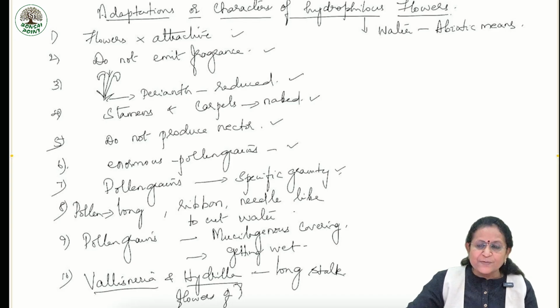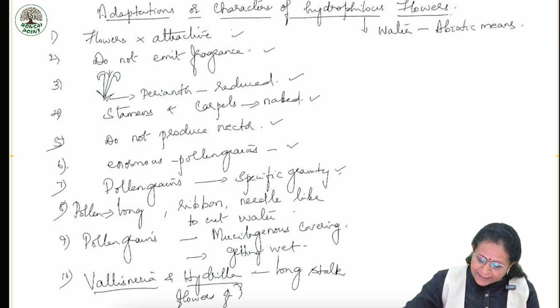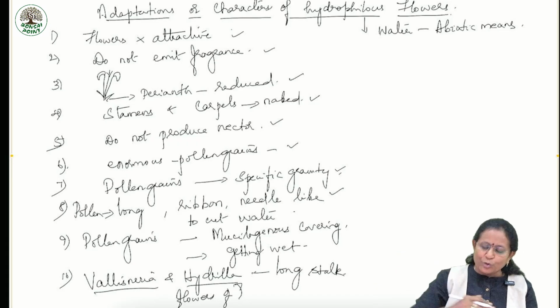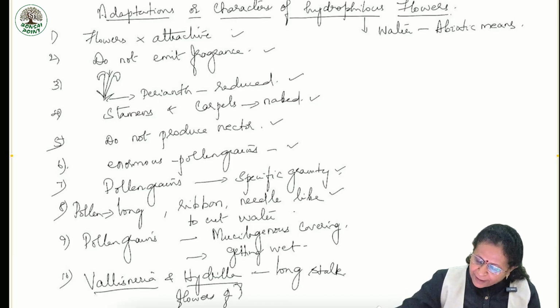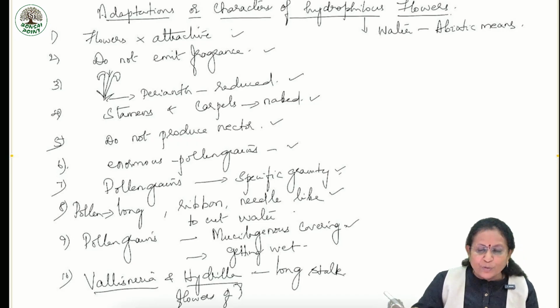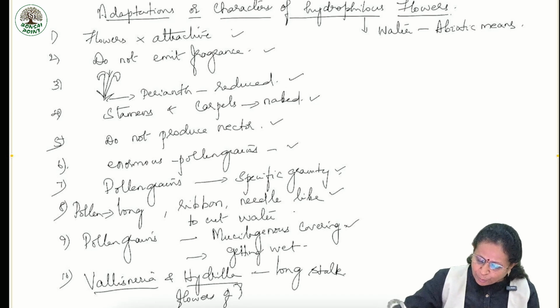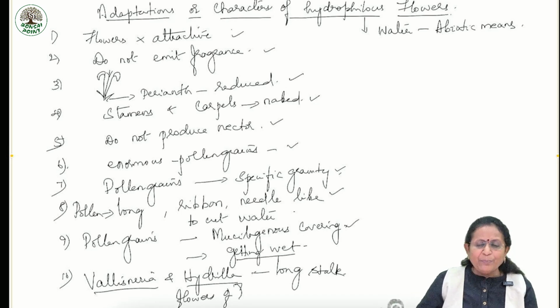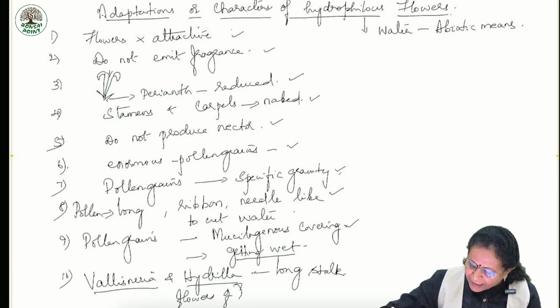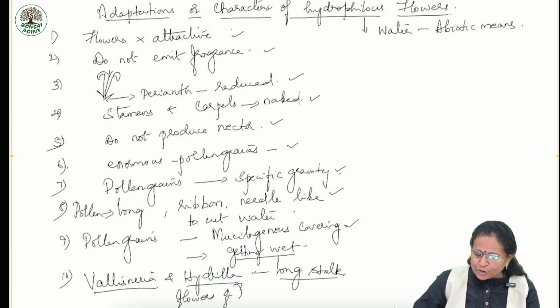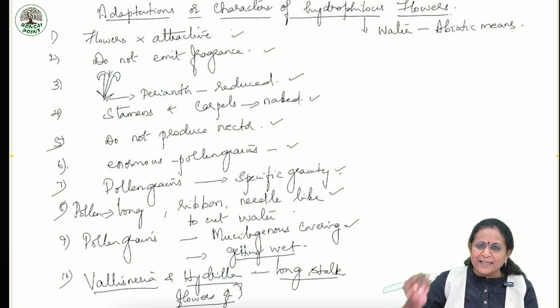Most of the pollen grains maintain the specific gravity. Pollen grains are long, ribbon-like, needle-like to cut the water, so that they can go deep in and pollinate the flowers present inside, and they have a mucilaginous covering to protect them from getting wet. For example, in Vallisneria and Hydrilla, freshwater plants, the flowers have long stalks.